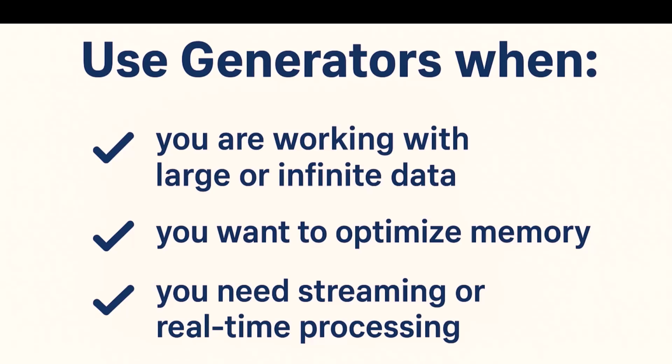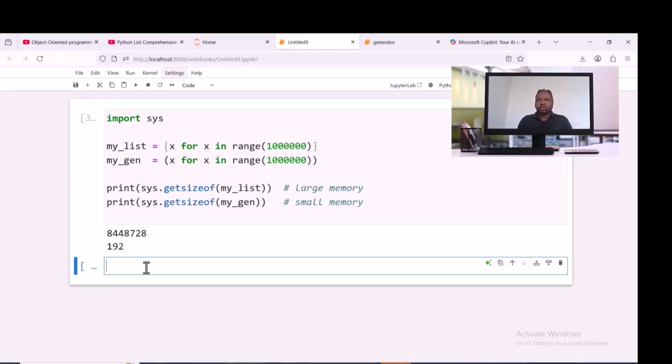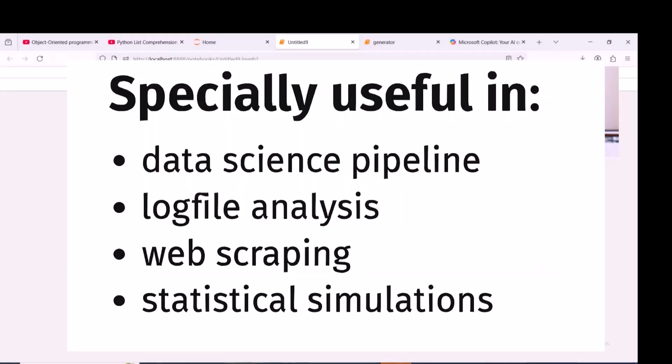Or we may use them in streaming or real-time processing, for example in API responses. And they are especially useful in data science pipelines, file analysis, web scraping, and statistical simulations. So generators are very useful in real applications.